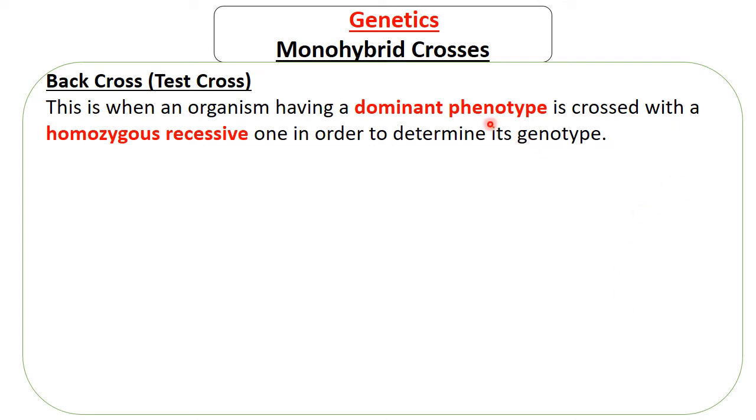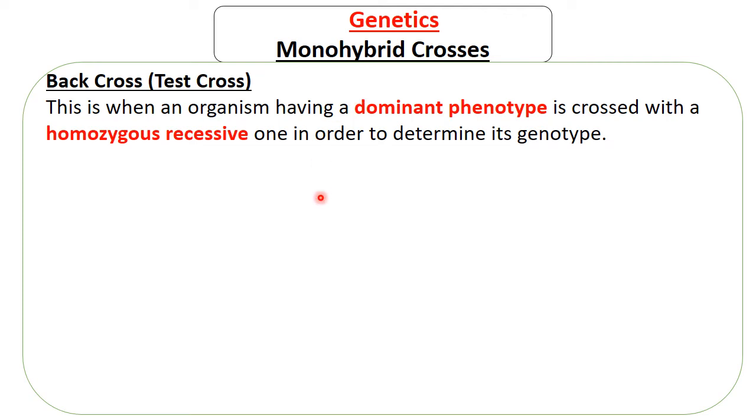In short, if you observe something to have a dominant phenotype, for example it is tall, but you want to know if it's purely tall or hybrid tall, what you do is you cross it with a homozygous recessive. Then the outcome will tell you if it is homozygous dominant or heterozygous.